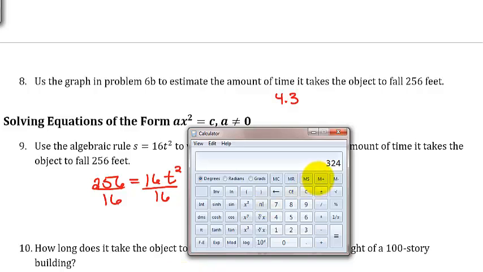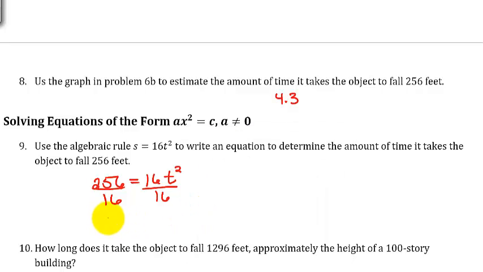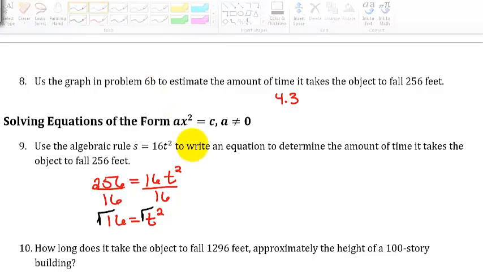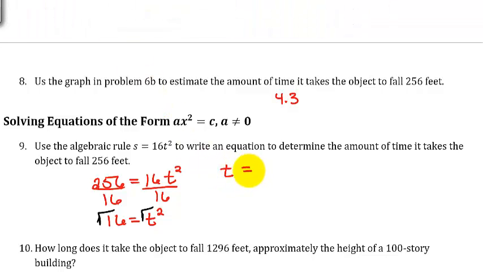Take 256 and divide it by 16, and we get 16. So that's 16 equals t squared. The way that we undo squaring something is we take the square root on both sides. So t would be equal to the square root of 16, which is 4.